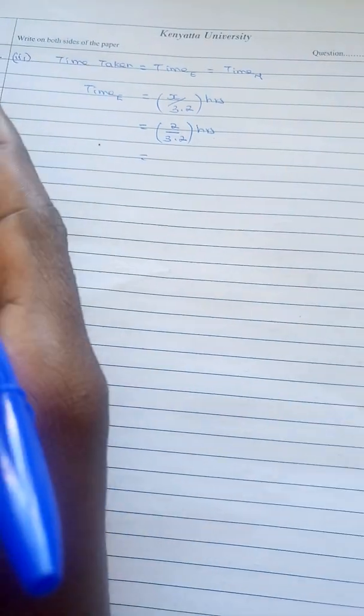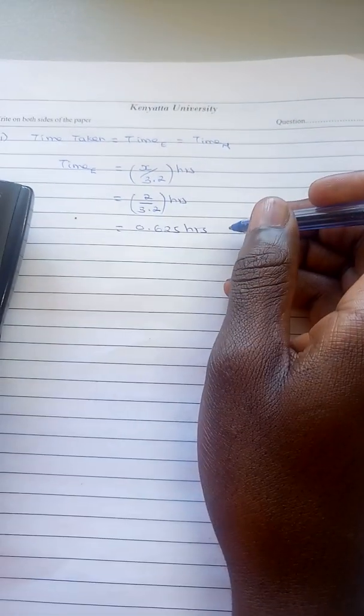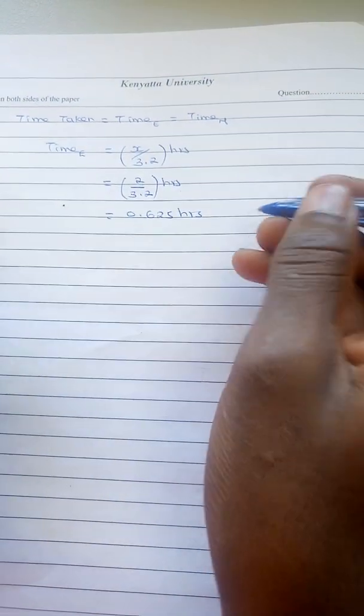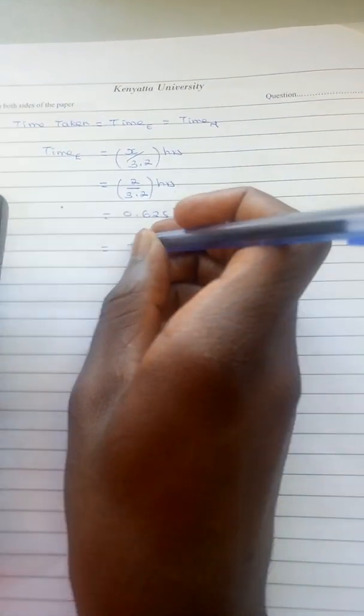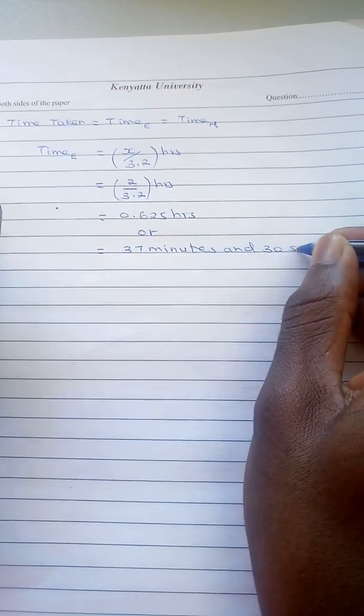So it's 2 divided by 3.2, 0.625 hours, which can be converted into minutes, and it gives us 37 minutes and 30 seconds.